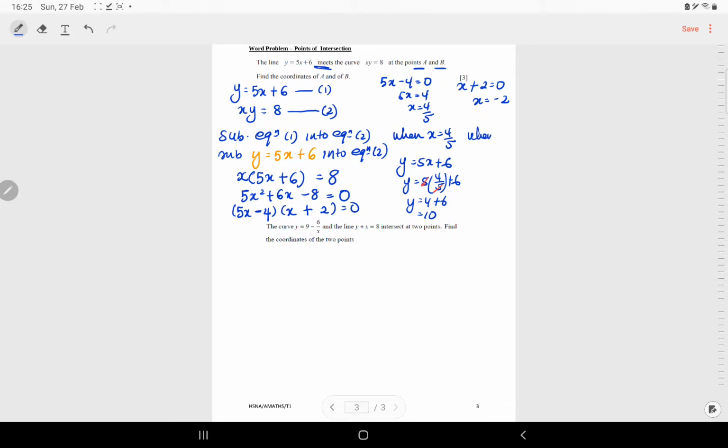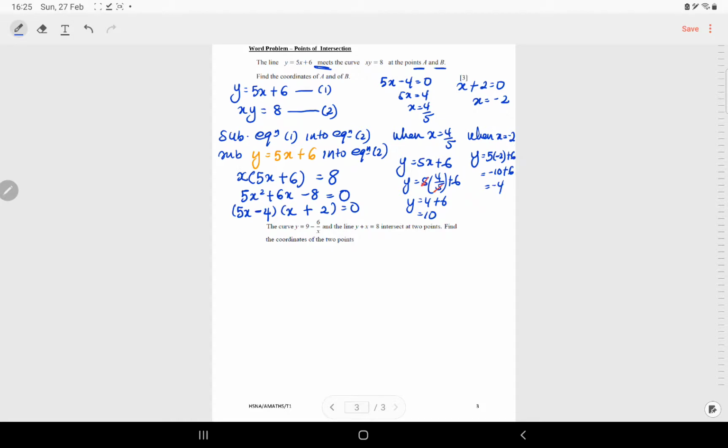Same thing, when x equals minus 2, y equals 5 times negative 2 plus 6. Basically, you're substituting it in here. Now your x, you substitute negative 2 in there. So that will give me negative 10 plus 6, so that's negative 4.